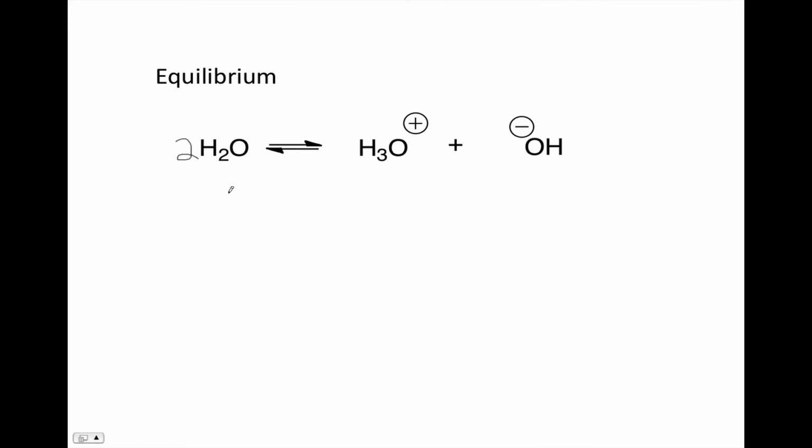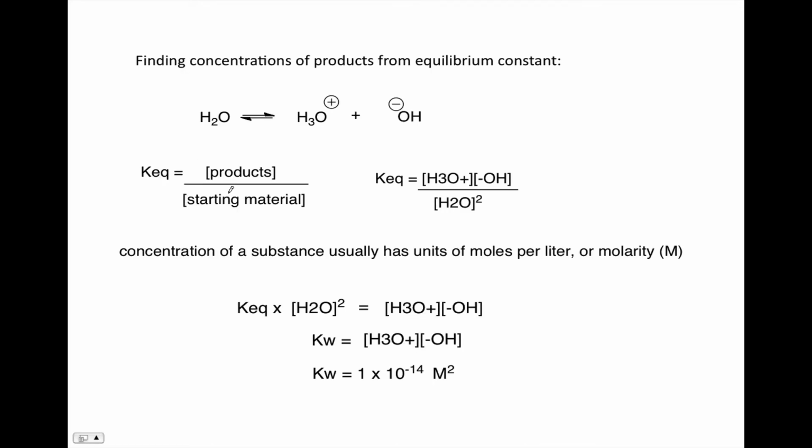Okay, so if we're talking about the ionization of water, so water going to H3O+ and OH-, then what we can do is talk about the equilibrium constant. The way that you talk about the equilibrium constant in this case, we've got water written on the left and the ions written on the right, so they're written in the place of the products.